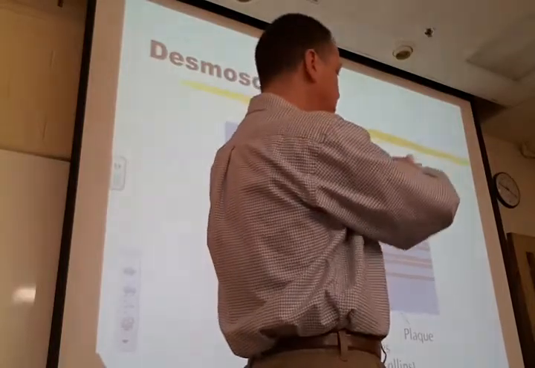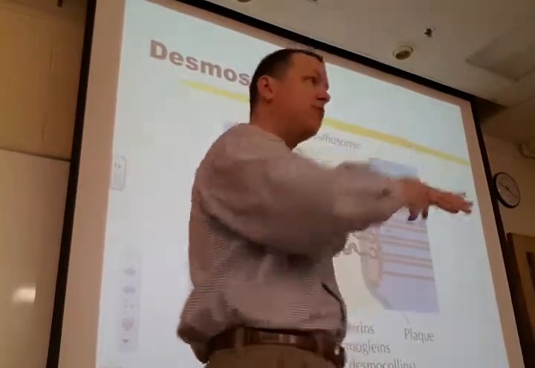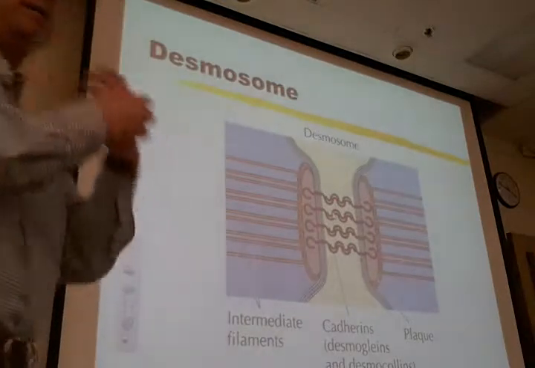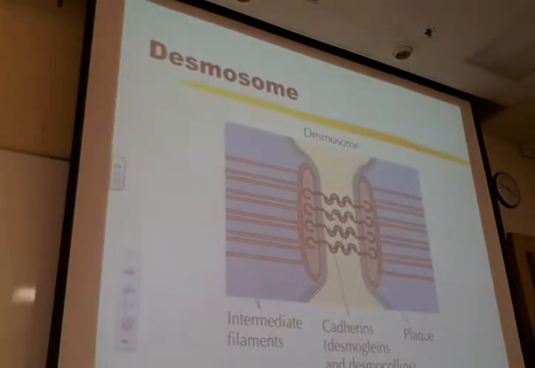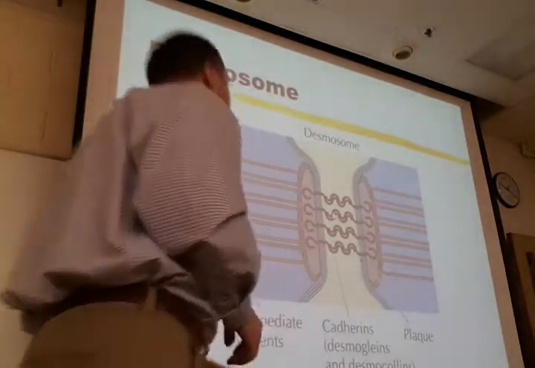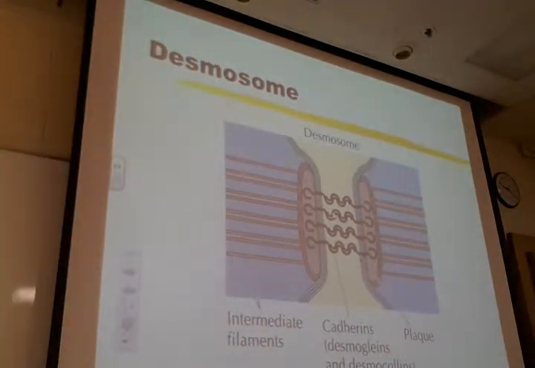That stress is actually being distributed across a much larger part of my hand, which is partly why your skin doesn't fly apart every time you push down on it. So these are very, very important junctional complexes within an epithelial sheet especially.